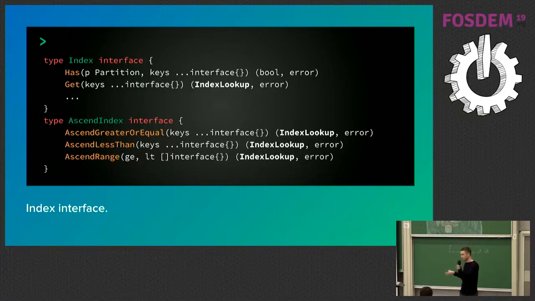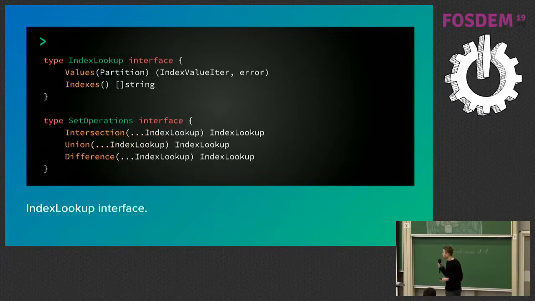To get the value, we call the function get. It returns an index lookup, which more or less is a wrapper on a value iterator. Also, we have some indexes which let us query by ranges, like an Aston index, so you can ask questions like greater, less than, etc. But all of them return the index lookup. The index lookup, as I mentioned, is a wrapper on an iterator.